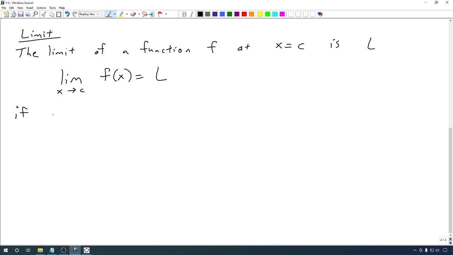If, when x is "close to," put that in quotation marks.